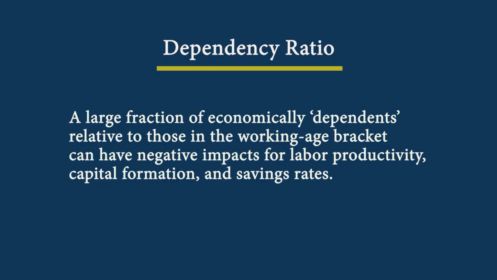So one way to put it is dependent population divided by the working age group. So who are the dependent population? Children and young adolescents plus the elderly people, right? A large fraction of economic dependence relative to those in the working age bracket can have negative impacts for labor productivity, capital formation and savings rates.